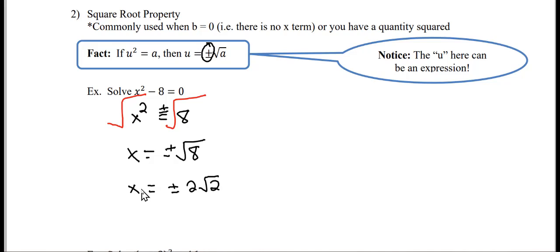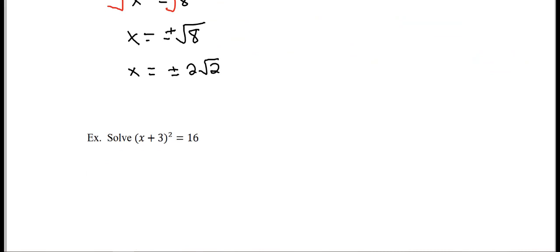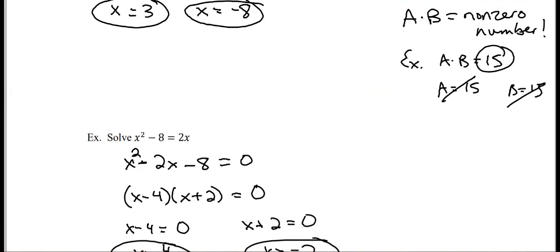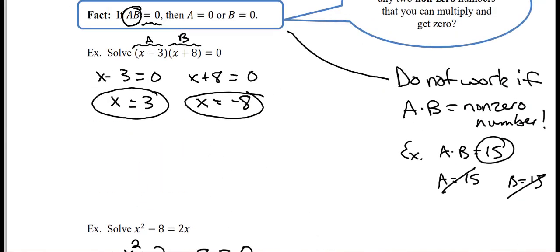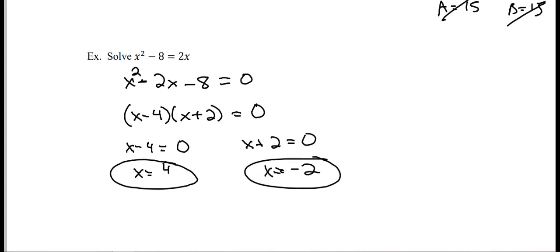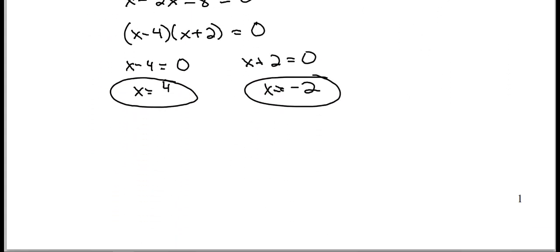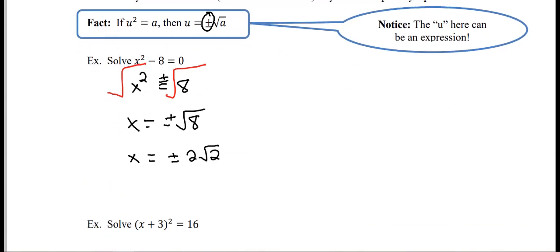I think an important thing to note here is that so far we have had 2 solutions on our first example, 2 solutions on our second example, and now we have 2 solutions to this example. Okay?